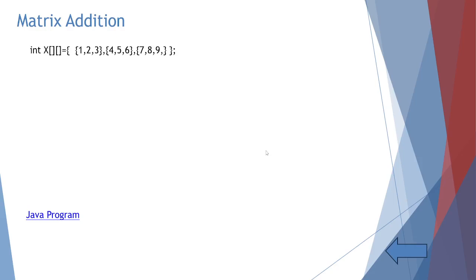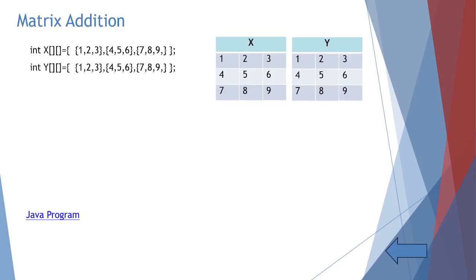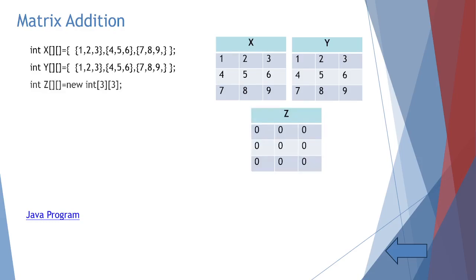X is 1, 2, 3, 4, 5, 6, 7, 8, 9, 3 rows, and each row has 3 columns. Then X is created, Y is created, again similar 1, 2, 3, 4, 5, 6, 7, 8, 9, the order is the same. So the Z matrix is also a 3 by 3 matrix.